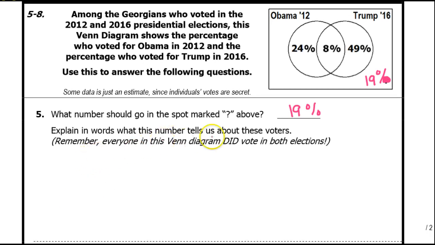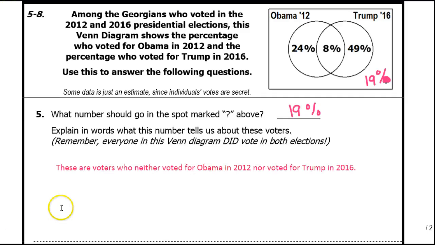Explain in words what this number tells us. These would be the voters who neither voted for Obama in 2012 nor voted for Trump in 2016. A common mistake is to say that these are people who didn't vote. We're talking about two different elections, and the question itself says that we're talking about voters, people who voted in both elections.